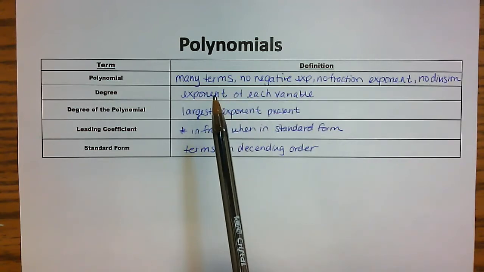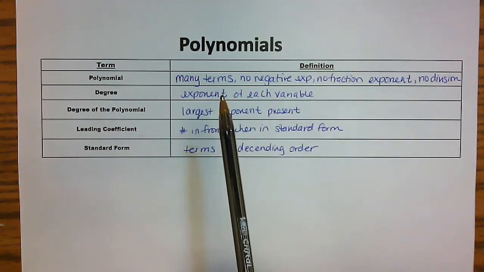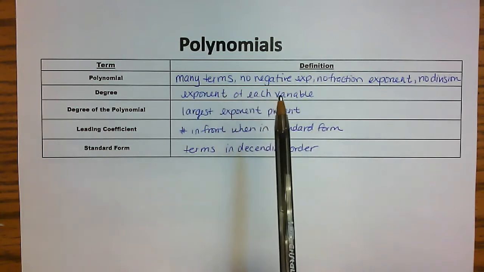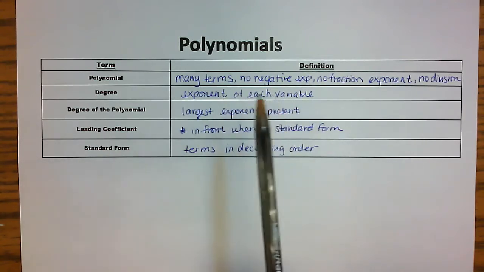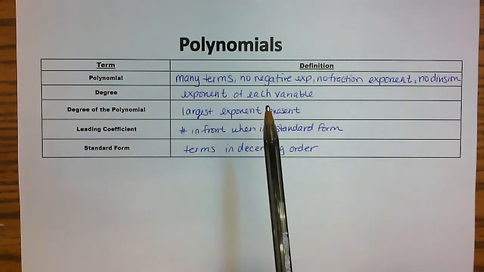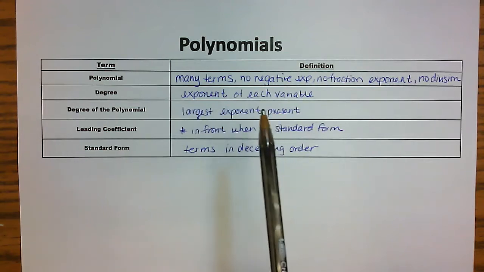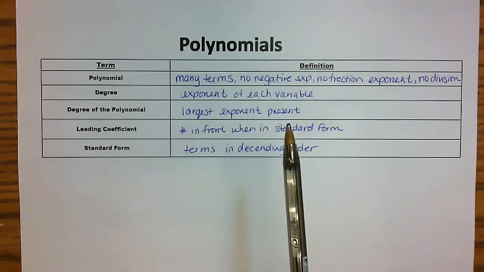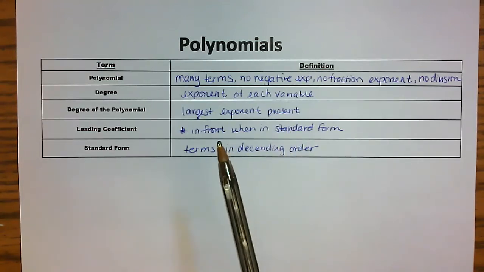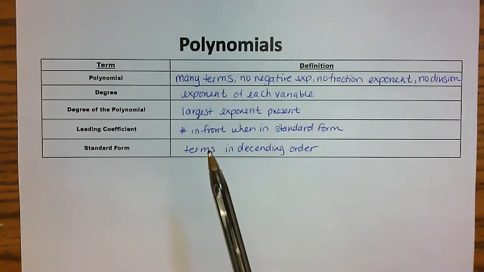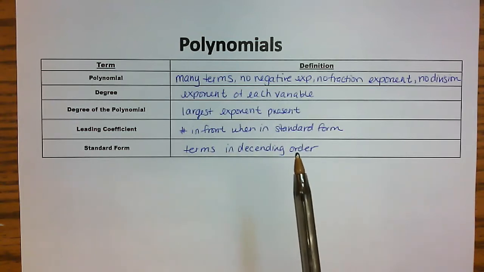The degree of a polynomial or a term is the exponent of each variable. If they ask you for the degree of the whole polynomial, you would be looking for the largest exponent present. Then we're going to skip to standard form. Standard form is when you put terms in descending order.